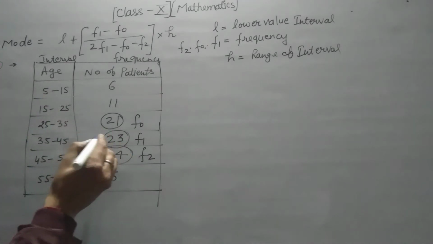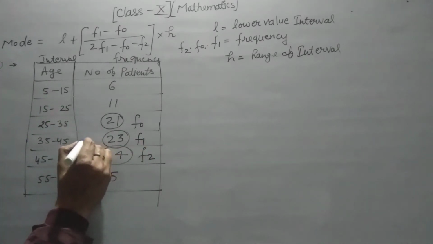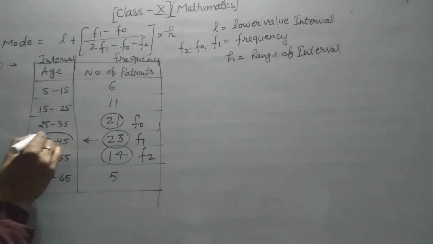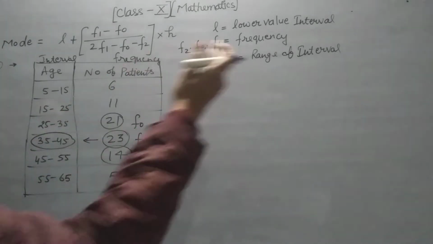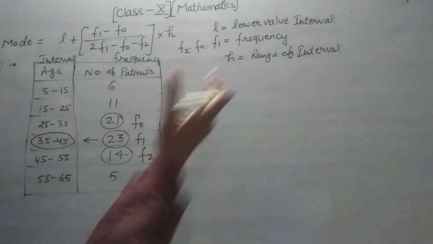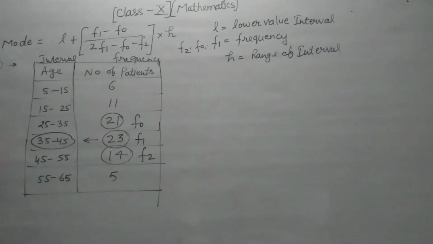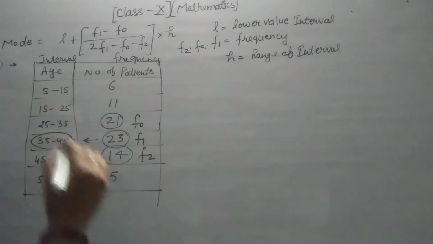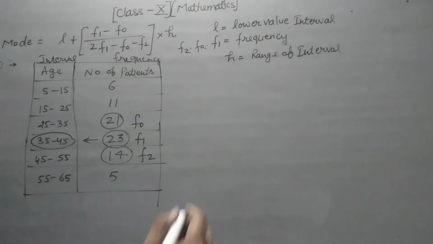And then after it is the greatest value, this interval is used as a range. Do you understand? This interval is used as a range interval. So here this interval is known as the greatest value observation.